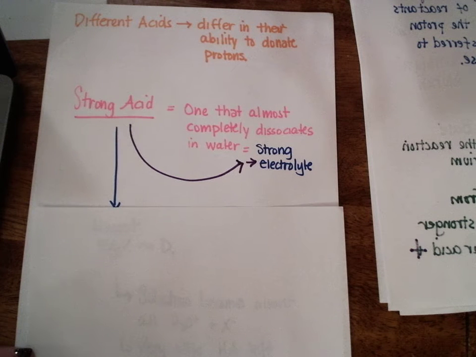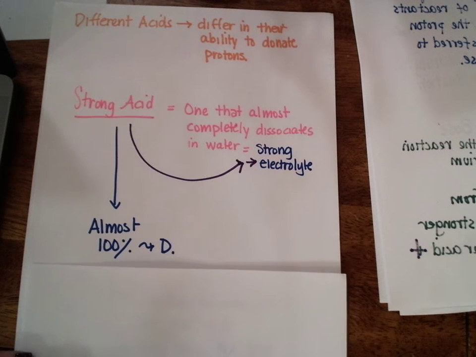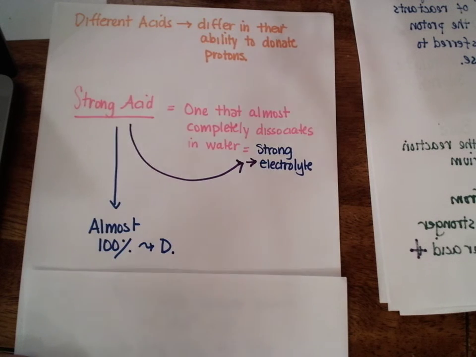We looked at that before when we did electrochemistry, and even when we worked with batteries and looked at how strong acids were actually capable of conducting electricity. So if I have a strong acid, I have almost 100% dissociation. If you're looking at a picture and it shows that acid really coming apart, a lot of hydronium ions present, a lot of anions present in solution, then I know I've got a strong acid.